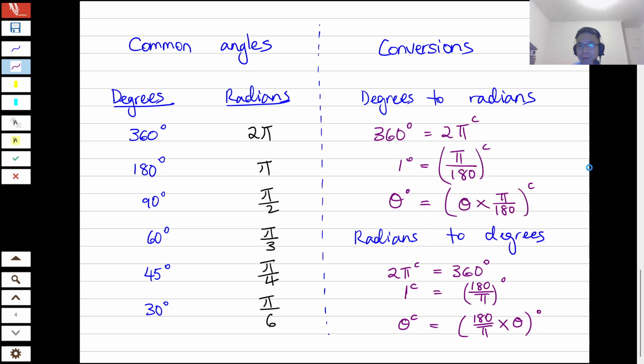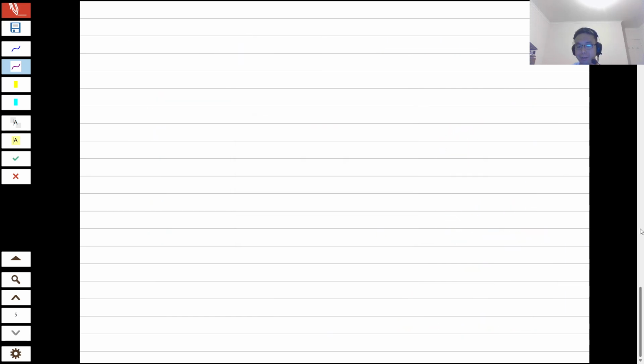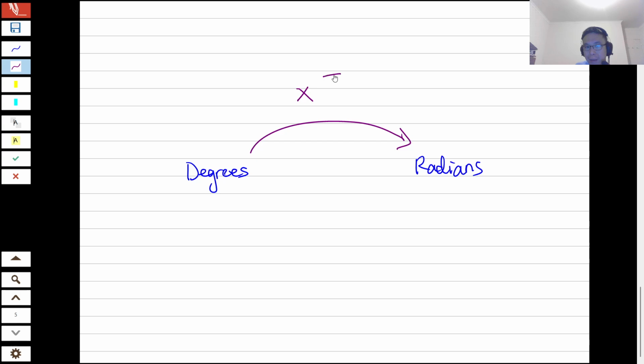And I know that's a bit complicated, so I think I'll simplify it by writing it like this. So if I have the angle in degrees or radians, here's what we want to do. To go from degrees to radians, we are going to multiply by pi on 180. And to go back, we multiply by 180 on pi.